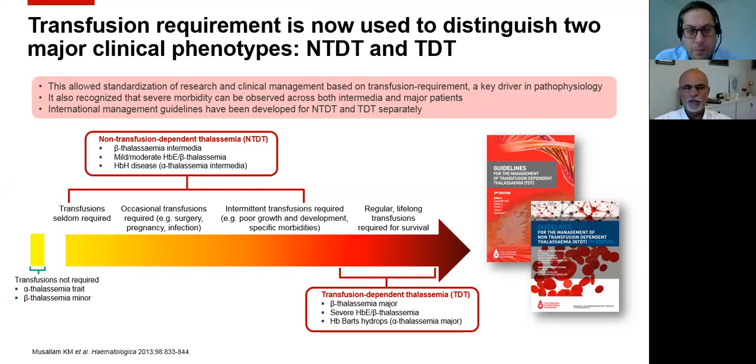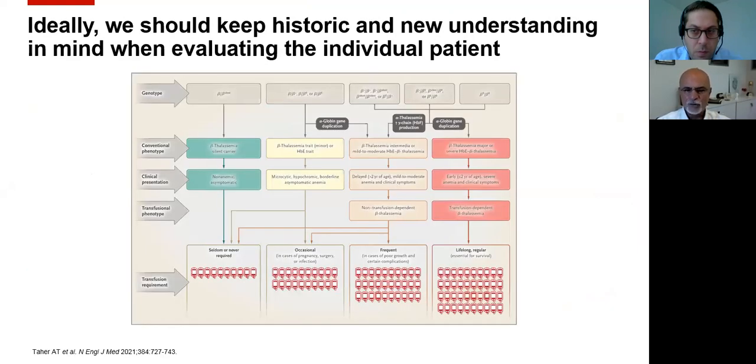This is why we thought that transfusion requirement should be a major component in classifying this disease. As a result, it is now used to distinguish the two major phenotypes of thalassemia, what we call NTDT and TDT.